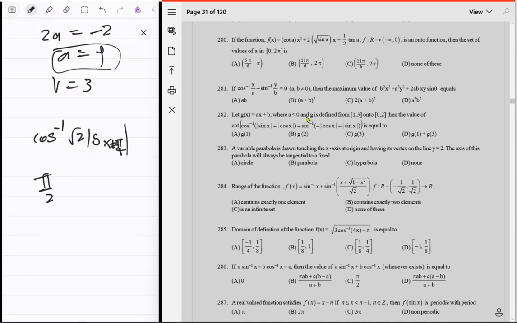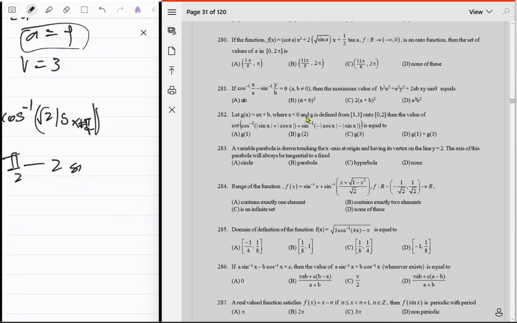Pi by 2 minus 2 times sine inverse of square root of 2 mod of sine x plus pi by 4, basically this thing, and that is applied on a cot. The value of this thing is equal to... but wait, why do we even care about this?